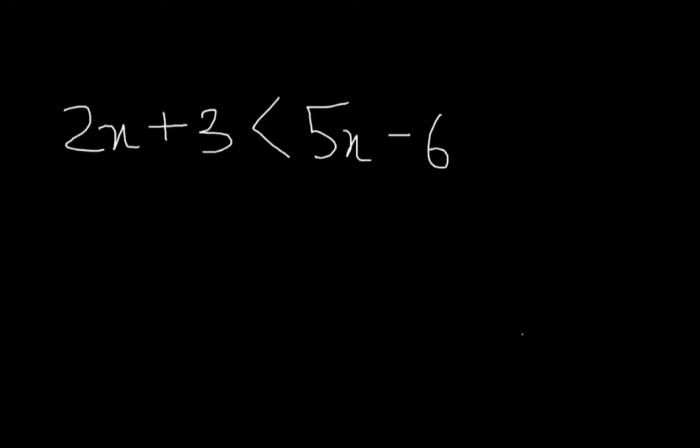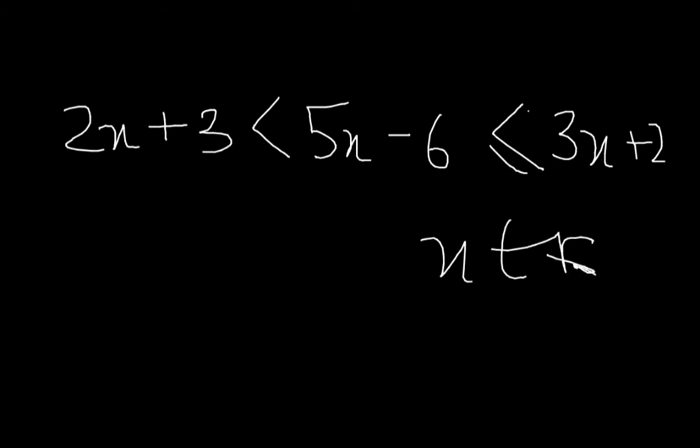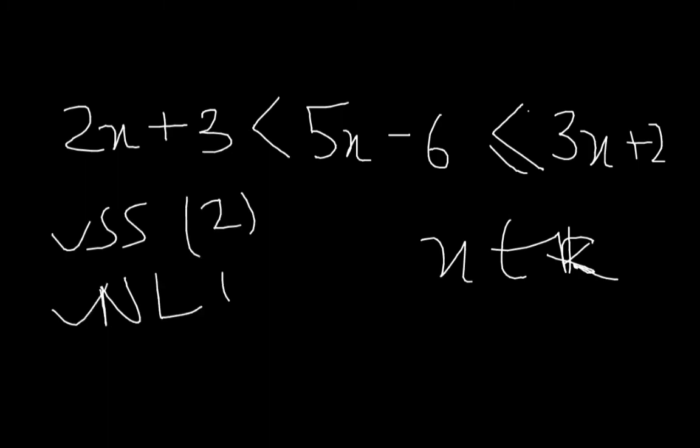Let me do a rough work here. Then I'll put a greater than sign here, and say 3x plus 2. X belongs to R. Find the solution set and the number line. You'll get 2 marks for this and 2 marks for this.